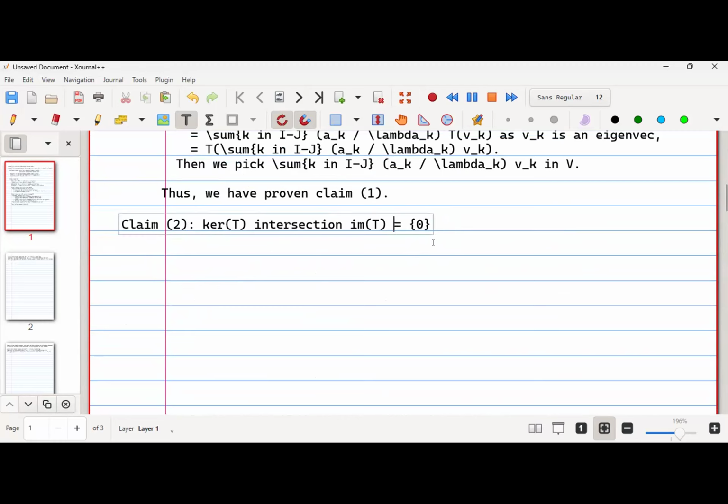So we can do it by just showing that this is a subset of the trivial vector space. Because the trivial vector space is a subset of every vector space. It contains the 0 vector of any vector space.